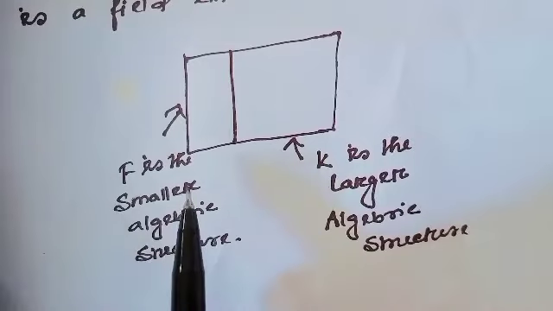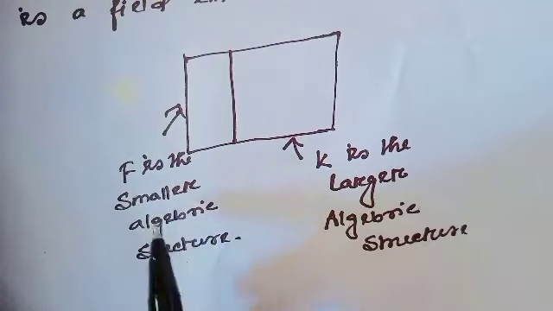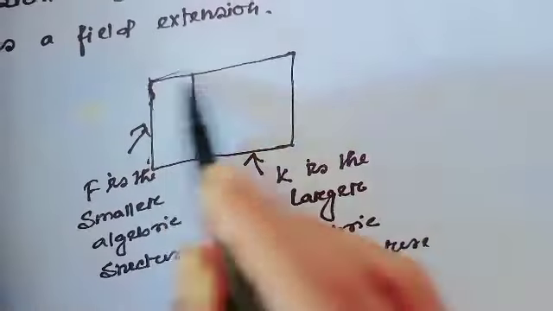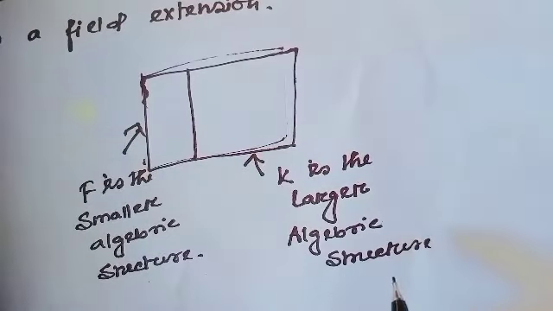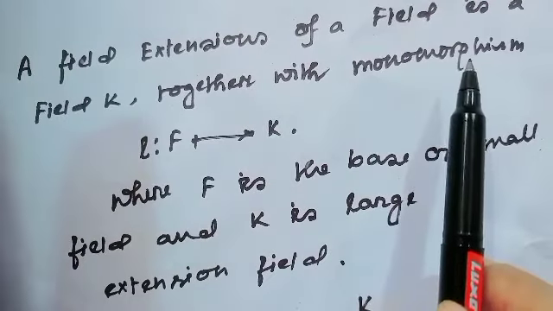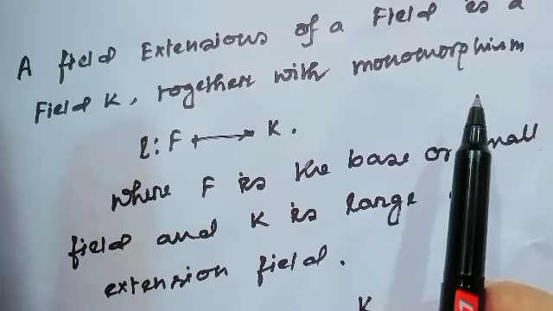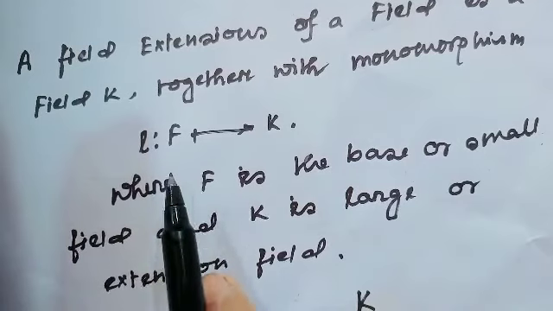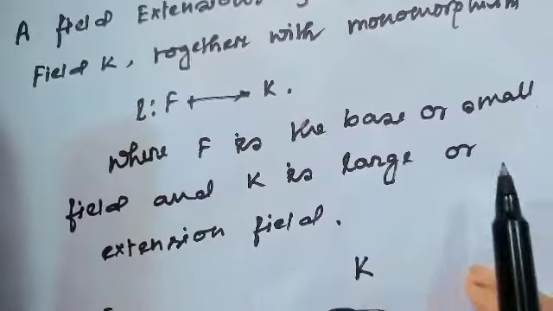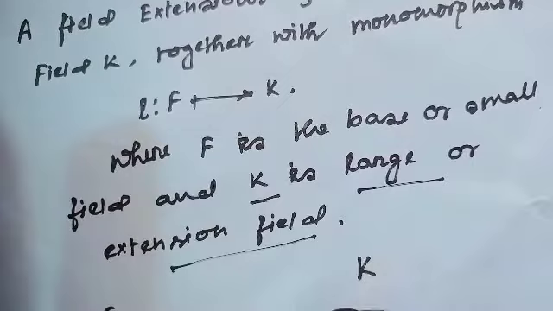If we want to draw the picture, here F is the smaller algebraic structure and K, the whole ring, is the larger algebraic structure. Actually, a field extension of a field is a monomorphism L from F to K, where F is the base or small field and K is the large or extension field.